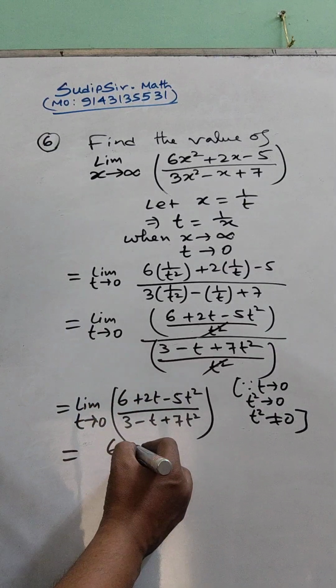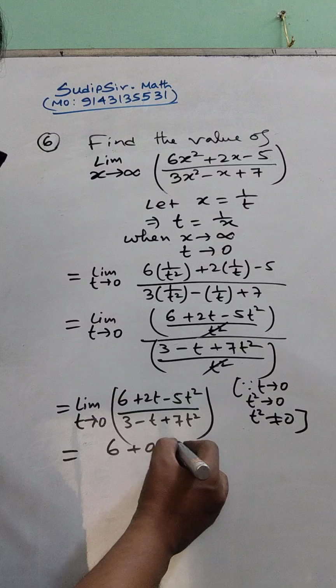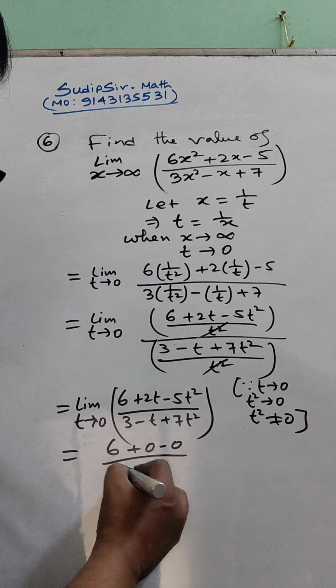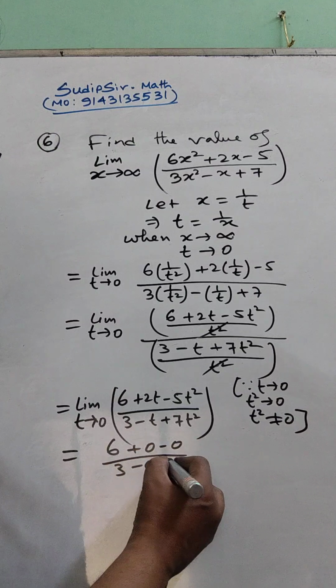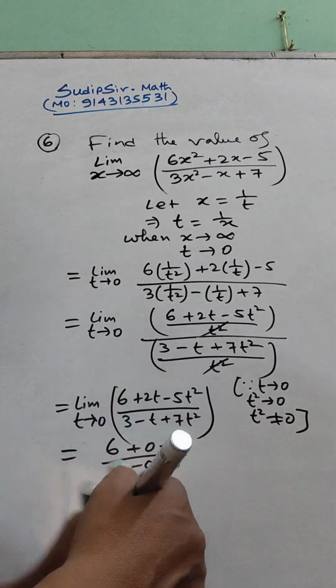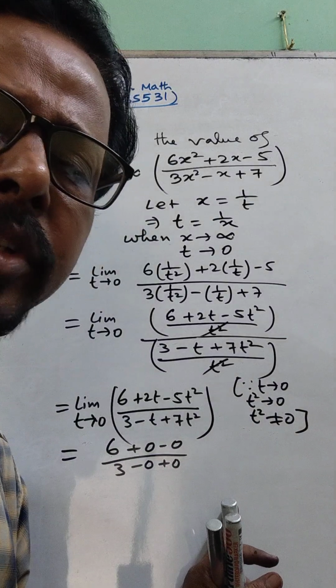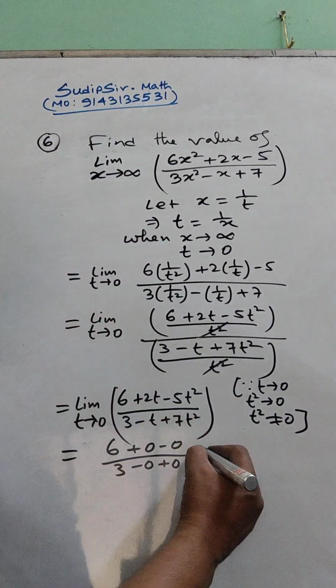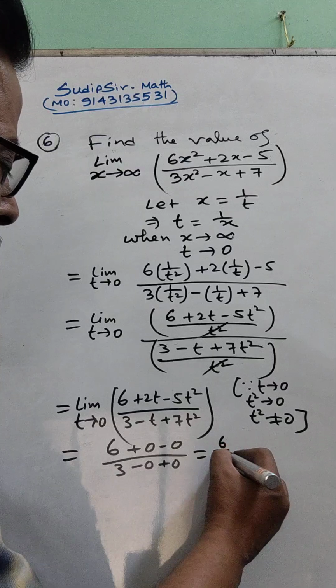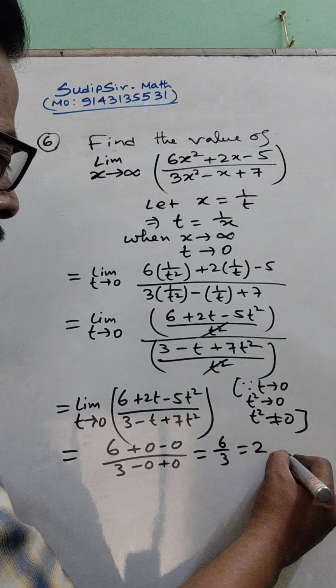So this will be 6 plus 0 minus 0 by 3 minus 0 plus 0. T equal to 0 means t square also 0. So your answer is 6 by 3, that is 2.